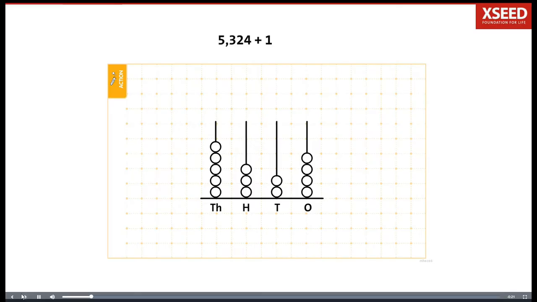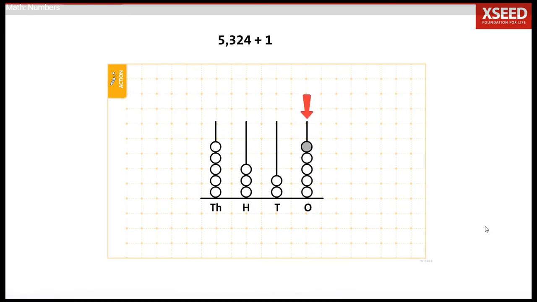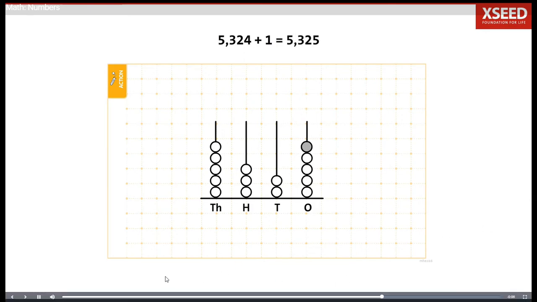Let us now add 1 to 5,324 using the abacus. To add 1, we will draw 1 more bead on the ones rod to get 5,325. Write the new number below the abacus.